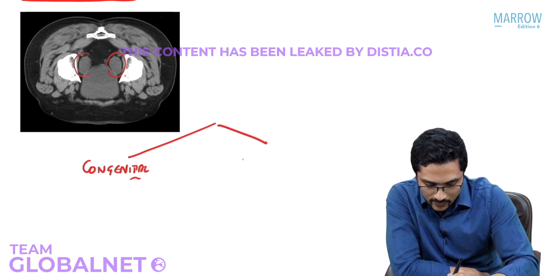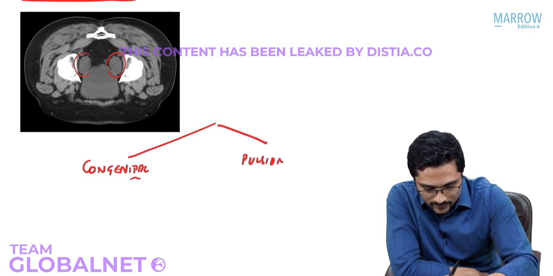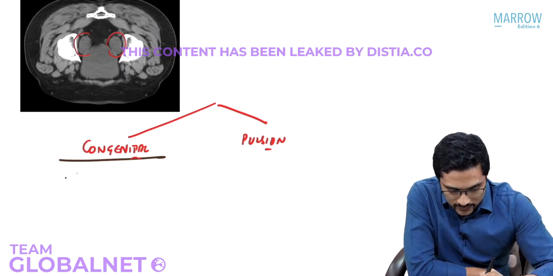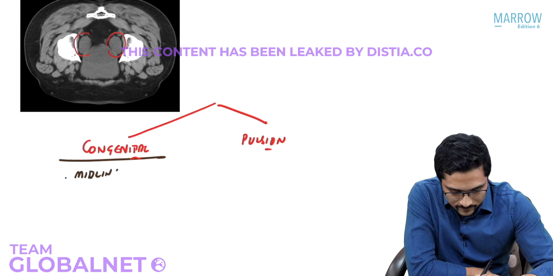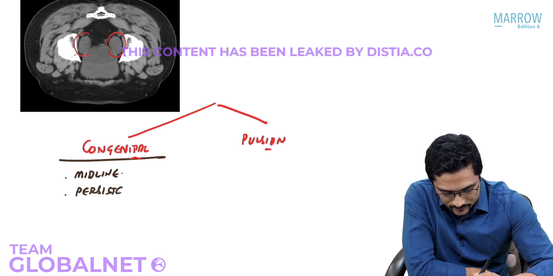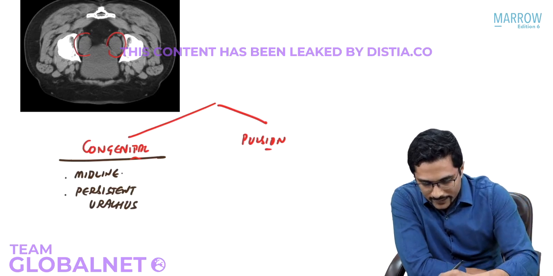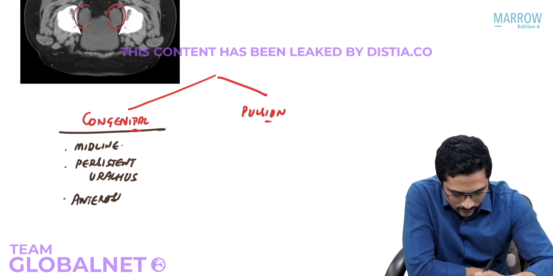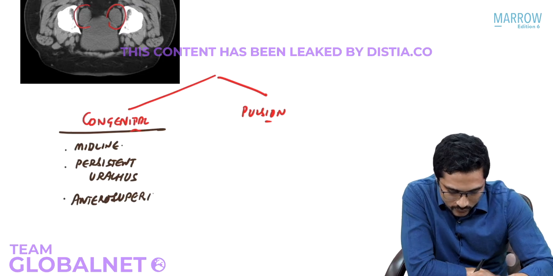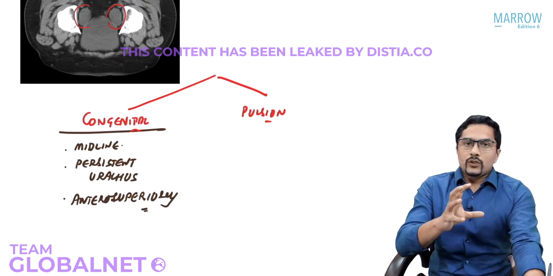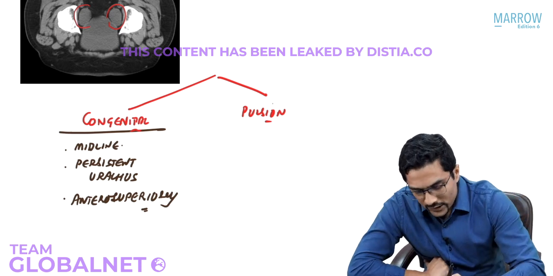Congenital bladder diverticulae are usually seen in the midline, in the region of the persistent urachus, and their direction is usually anterosuperiorly. They don't assume a very large size.